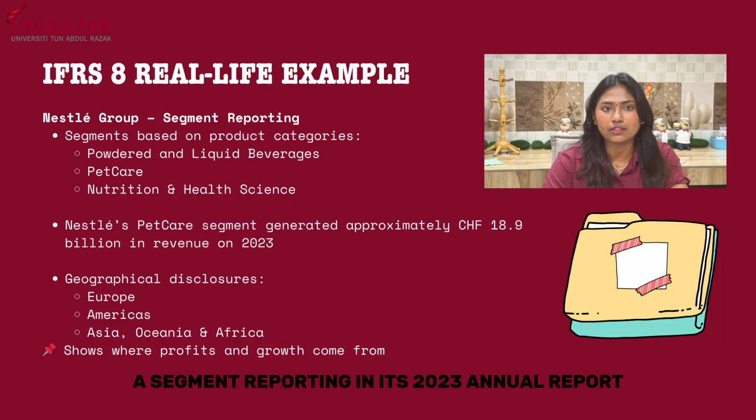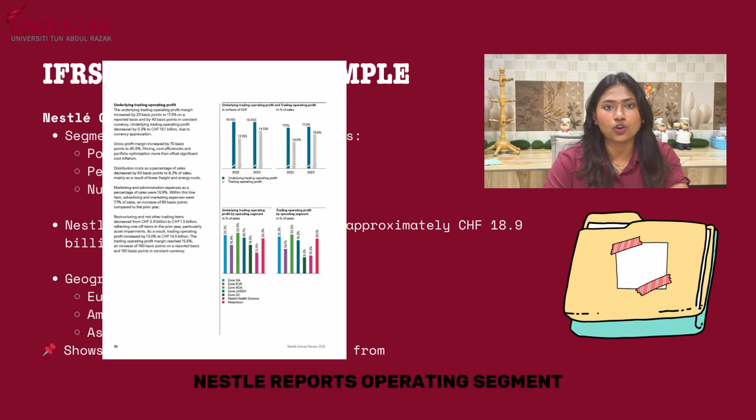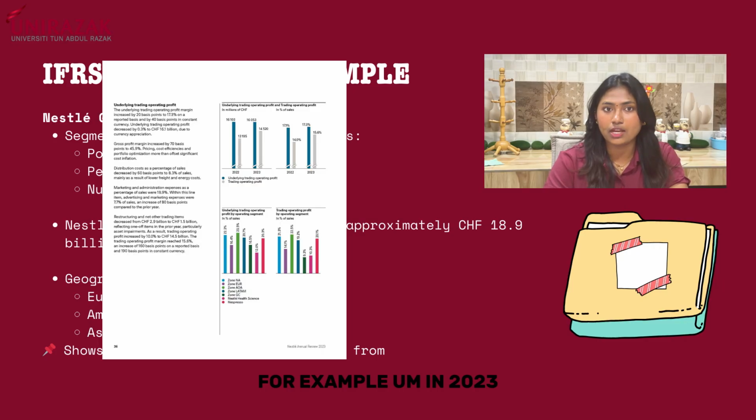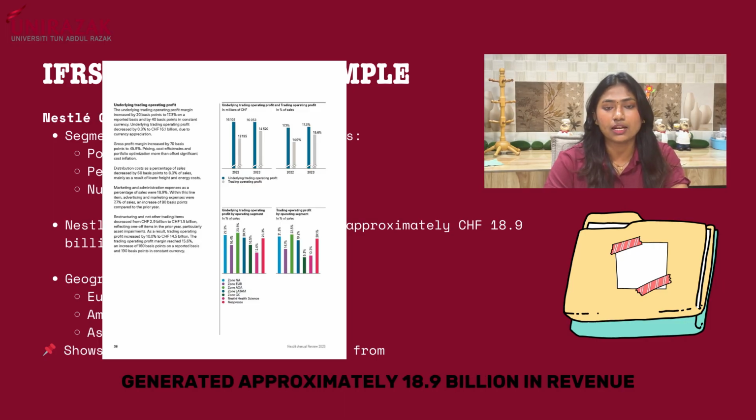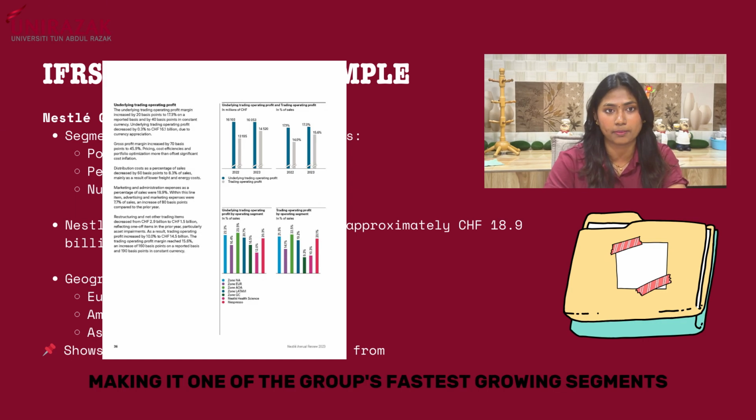Nestle Group provides a clear real-life example of IFRS 8 segment reporting. In its 2023 annual report, Nestle reports operating segments based on product categories such as powdered and liquid beverages, pet care, nutrition, and health science. For example, in 2023, Nestle's Pet Care segment generated approximately 18.9 billion in revenue, making it one of the group's fastest growing segments.